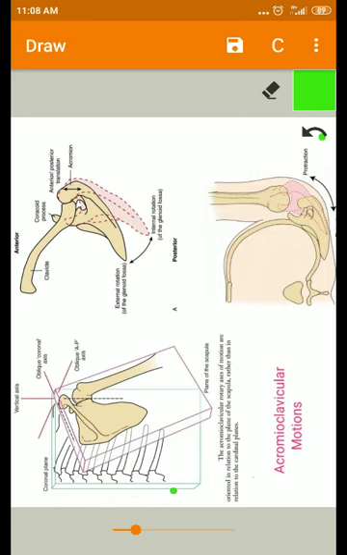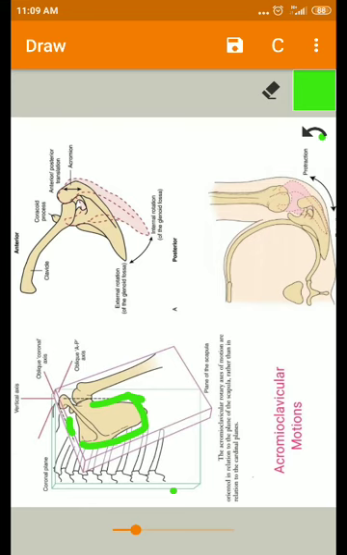So before going to the actual movements which are taking place in the acromioclavicular joint, you have to differentiate what is happening at the plane of the scapula. First thing you have to know is at what axis the scapula is moving, that is the second point.